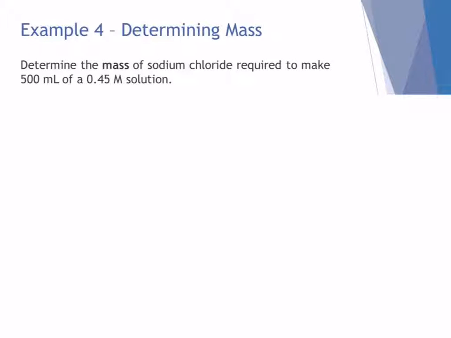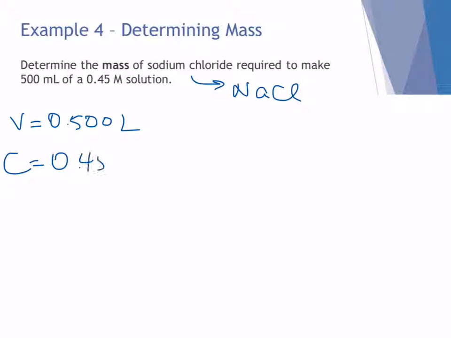In this next example, it's asking us for the mass of sodium chloride. So remember, sodium chloride, NaCl, is required to make 500 milliliters. So again, we'd have 0.50 liters. And we have a 0.45 mole per liter solution. And we're asked for mass.